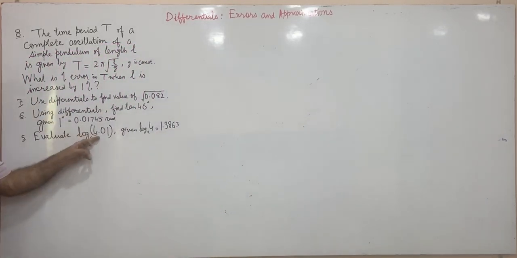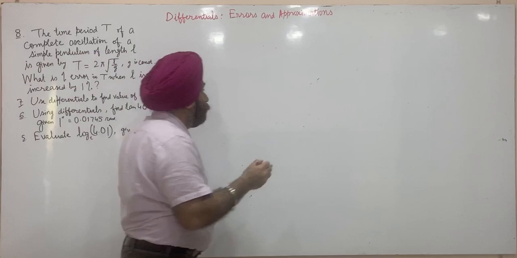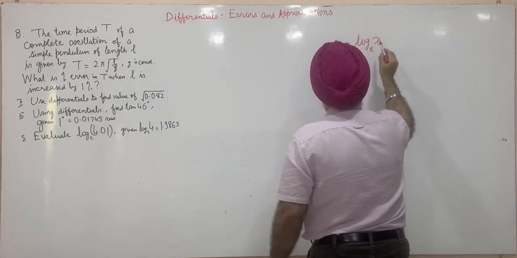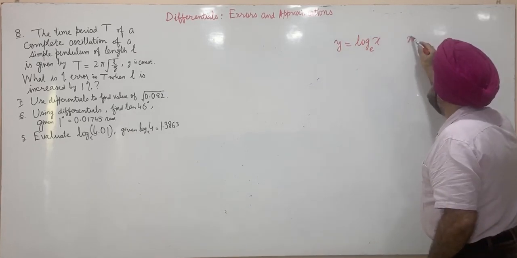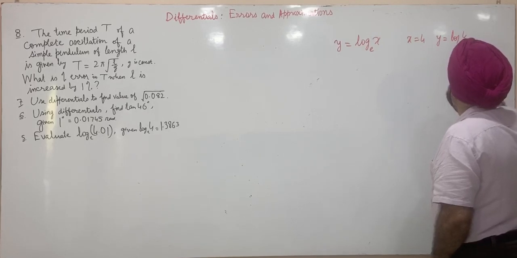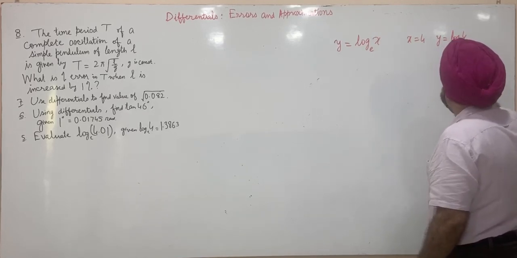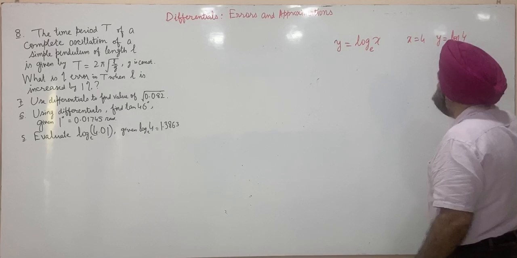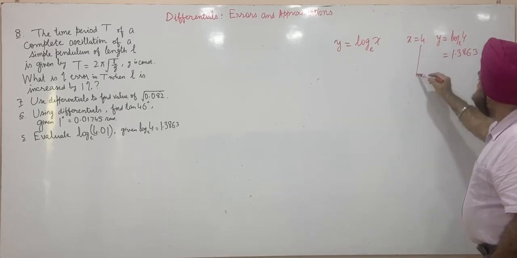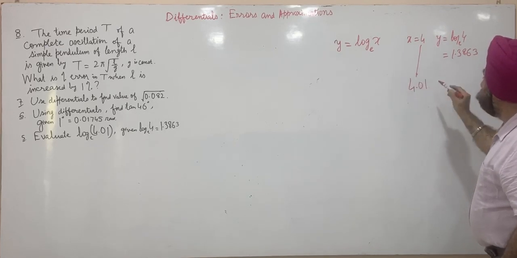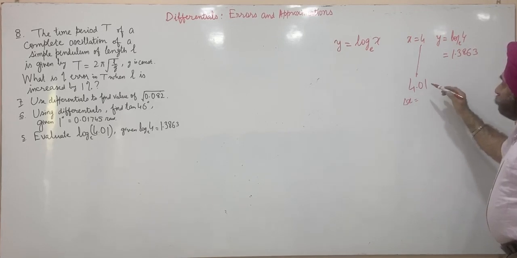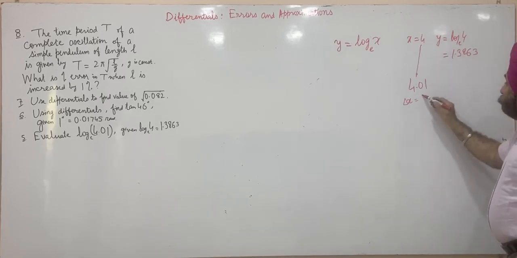So we consider the function as log of x to the base e. We put x equal to 4, y equal to log of 4 to the base e, which is given as 1.3863. So when x is 4, this is y. x changes from 4 to 4.01. Change in value of x, that is delta x, is always final value minus initial value.